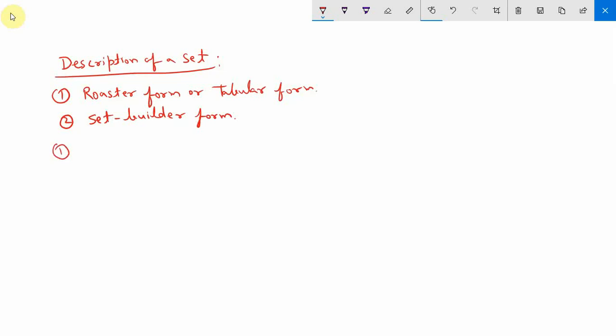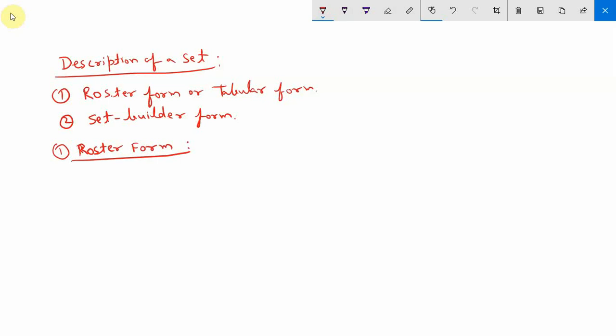So we will discuss roster form first. So what is a roster form?